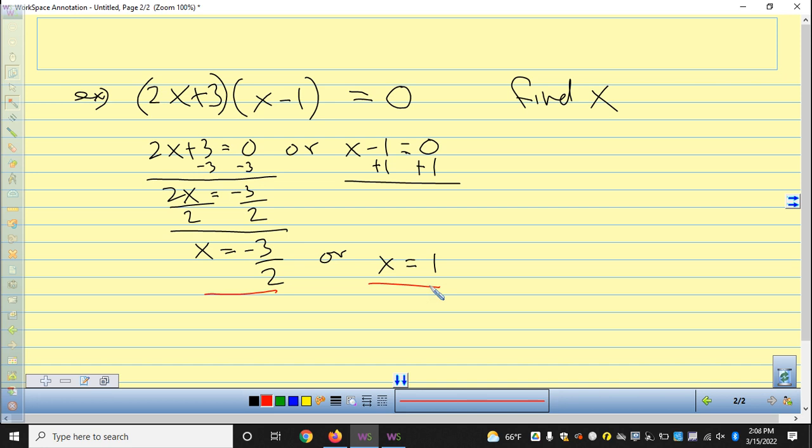So I get two answers. I get one answer for each set of parentheses. x equals negative 3 halves makes this equal to 0, or x equals 1 makes this equal to 0.